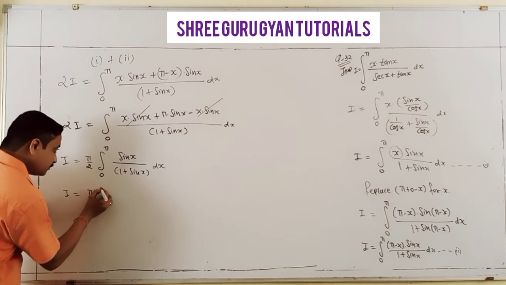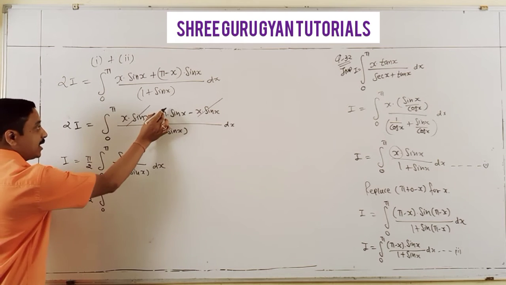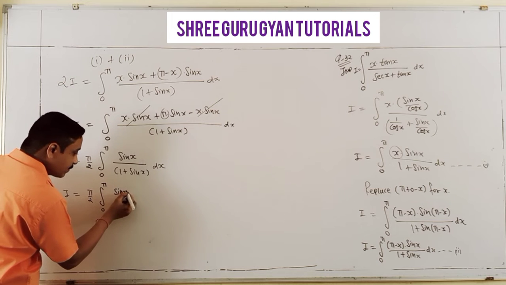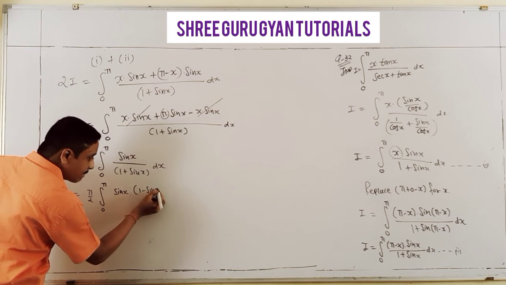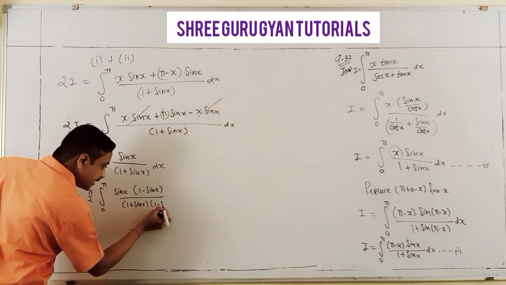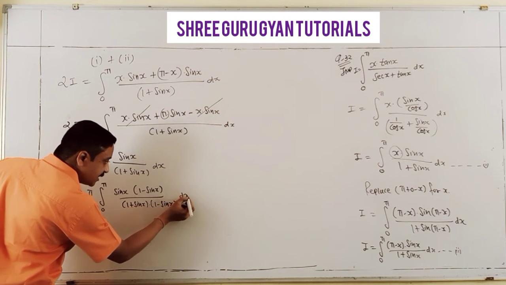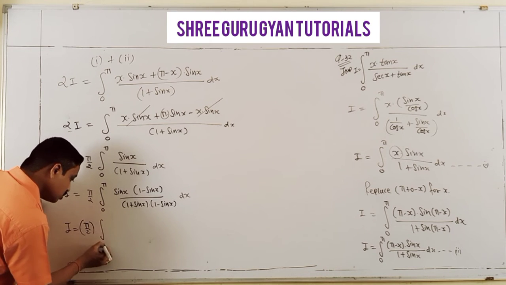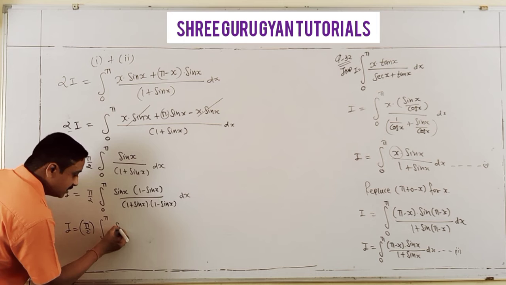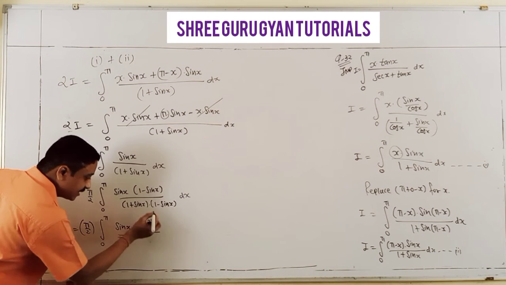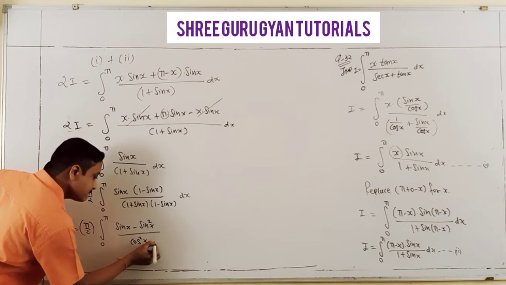Pi by 2, this pi and this 2 are divided, pi by 2, sin x conjugate taking 1 minus sin x, other same. So you have pi by 2, 0 to pi, that multiply sin square, and that is cos square.